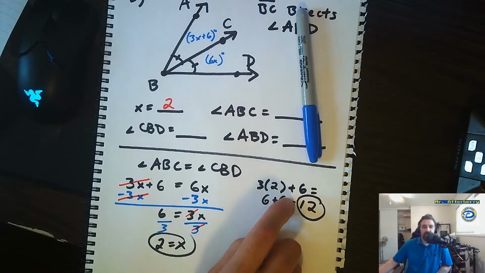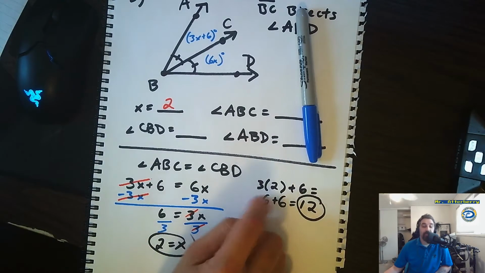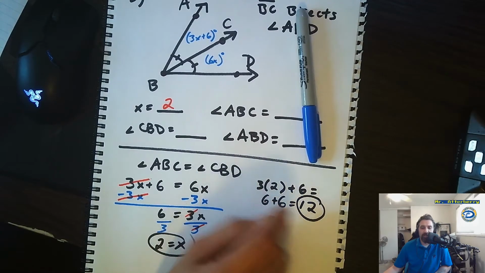So instead of 3x plus 6, I'm going to say 3 times 2 plus 6, using order of operations. 3 times 2 equals 6, and then 6 plus 6 equals 12.